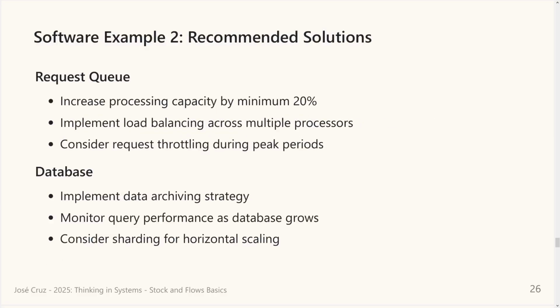Okay, database: implement a data archiving strategy, so you can clean up and don't reach 60 million. Maybe you just need the latest 10 million. The other ones are information that you will never return to, or when you do it's just auditing or something that can be in a different table. Monitor query performance. Of course, if the number of rows starts to grow in a table, probably the performance will have a big impact.